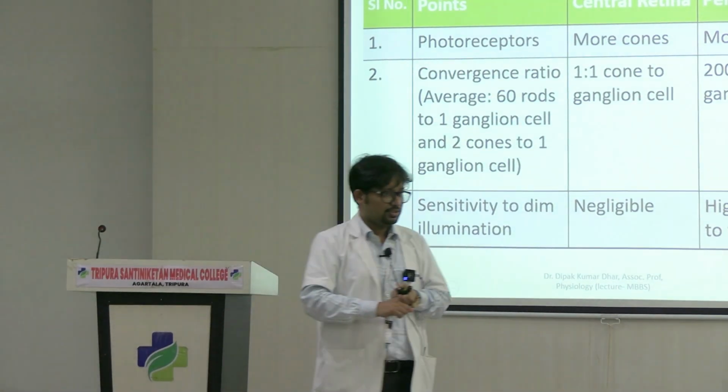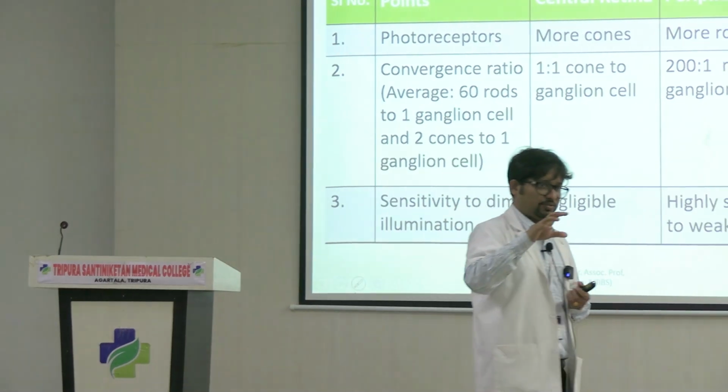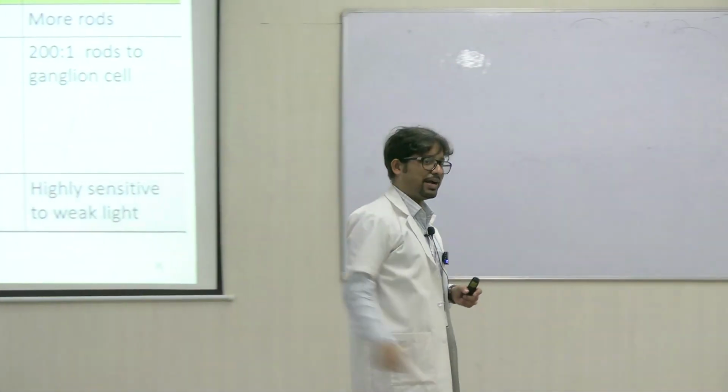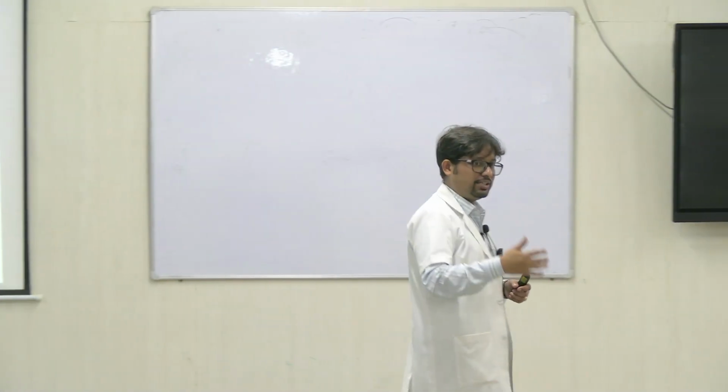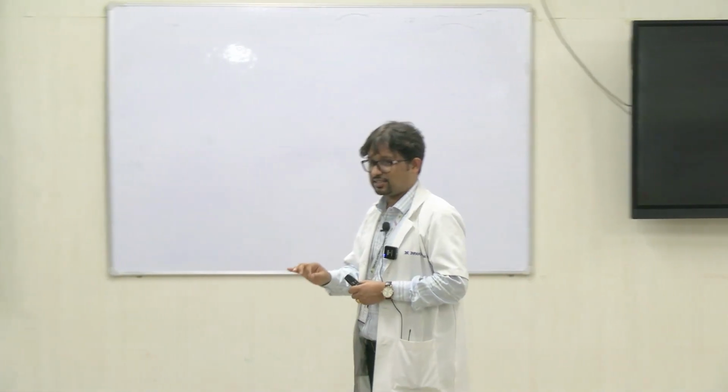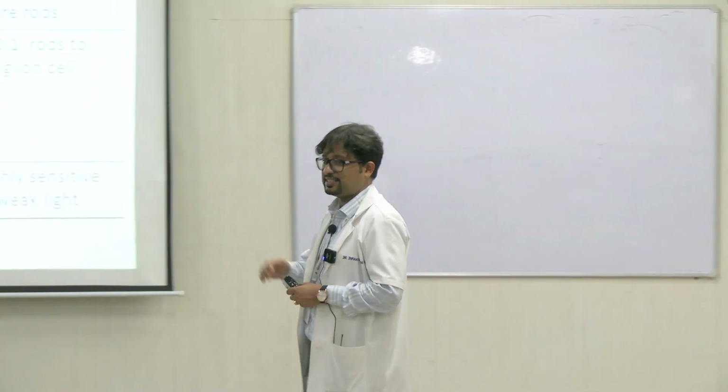What happens? That particular ganglion cell can detect signals from a larger part of the retina, which actually means larger part of the visual field. So this entails that there is higher sensitivity.